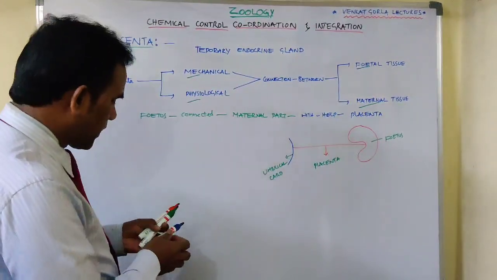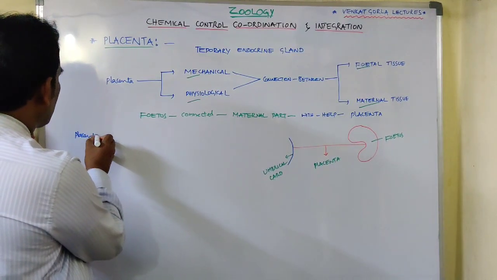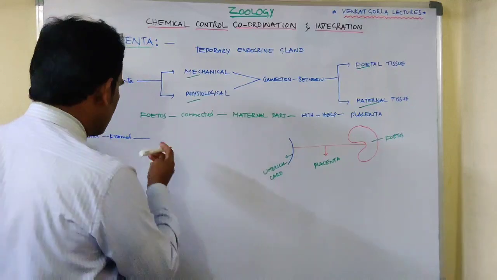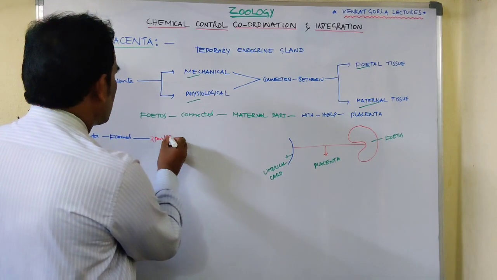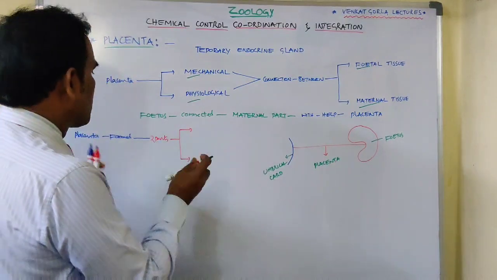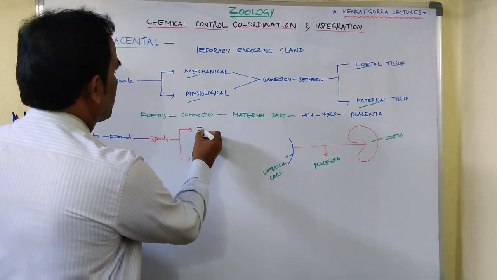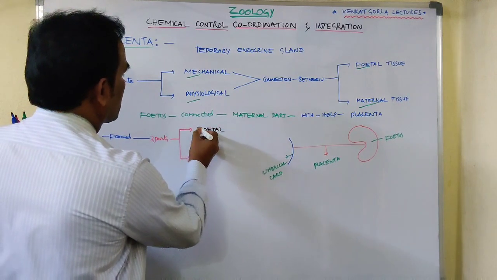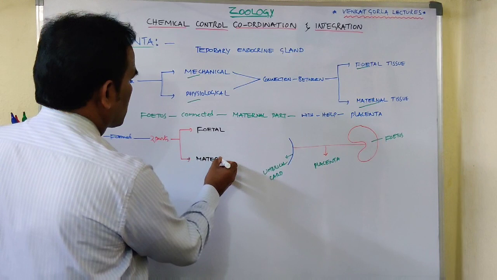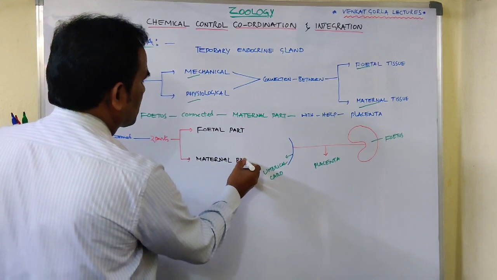The placenta is formed by two parts, called a fetal part and maternal part.